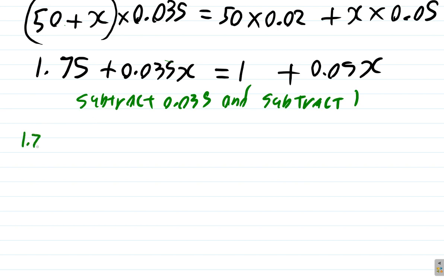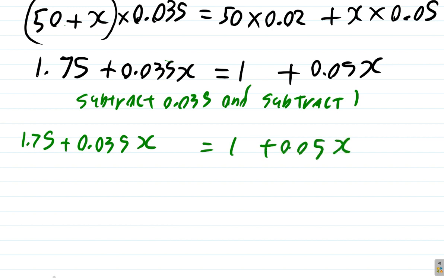You have 1.75 plus 0.035x equals 1 plus 0.05x. I didn't put enough space here, so let me rewrite these things and put enough space there.